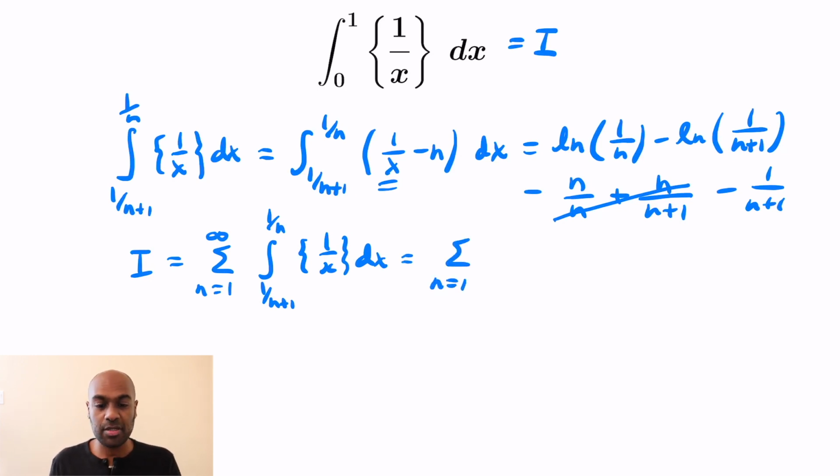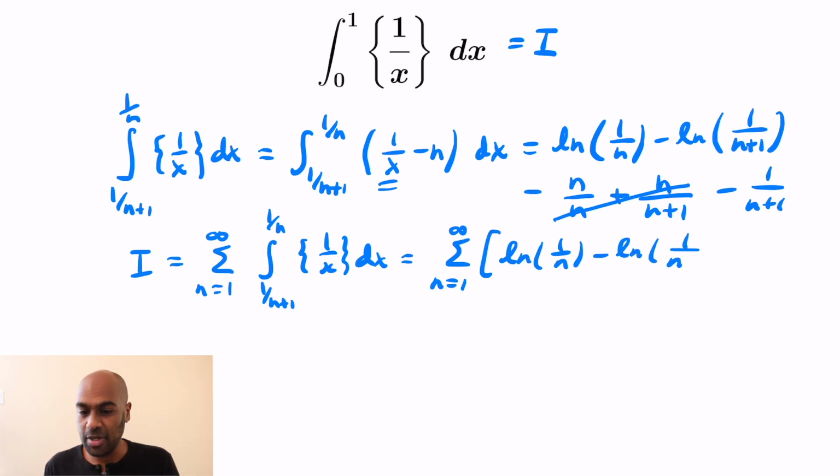And we've computed this intermediate integral as the sum from n equals 1 to infinity of the quantity we computed earlier: ln of 1 over n minus ln of 1 over the quantity n plus 1, and then minus this 1 over n plus 1 piece.